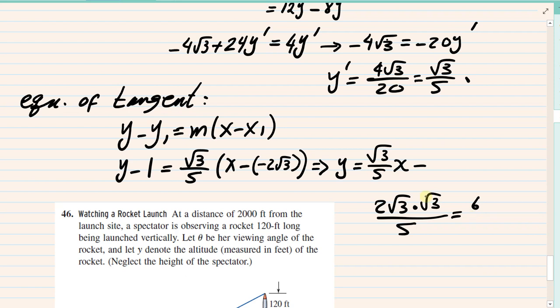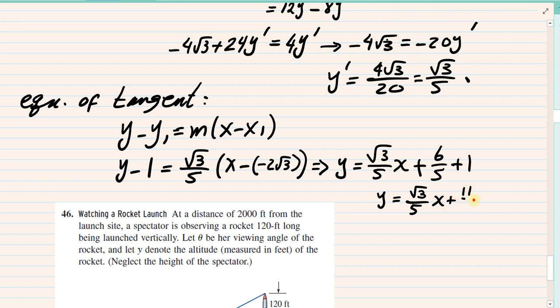That's 2 times 3, root 3 times root 3 is 3, 3 by 2, 6, that's 6/5. So it's going to be positive, because negative by negative is positive, plus 6/5 and plus 1. And that's going to make it 11/5, right? So the final answer is the equation of the tangent is y equals 11/5 plus root 3 over 5 x. And there we have this one.